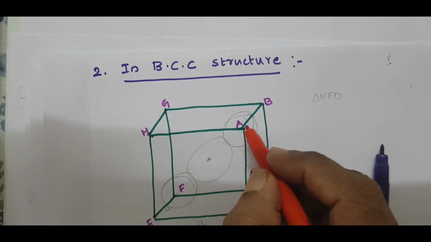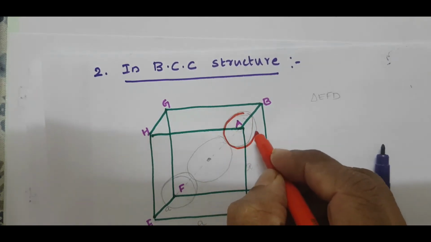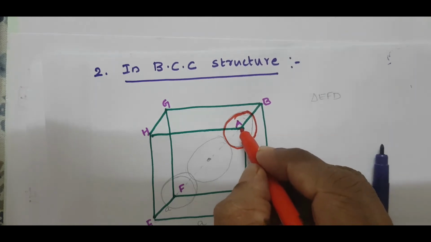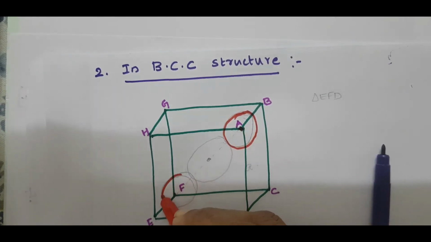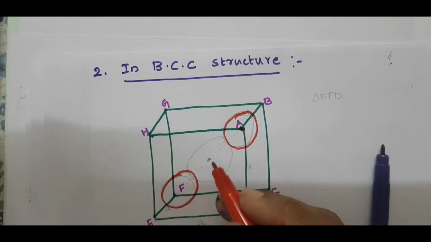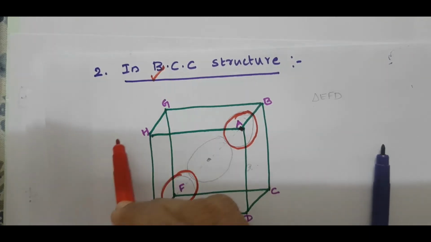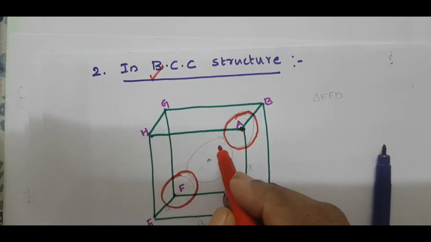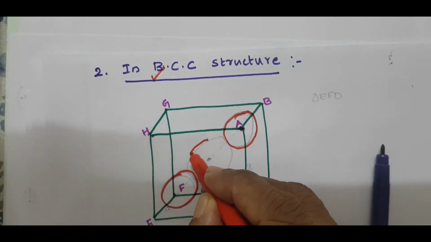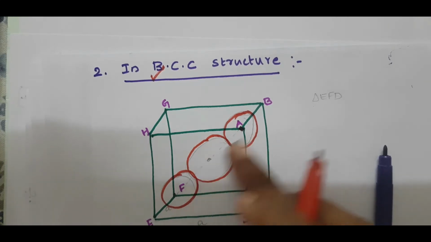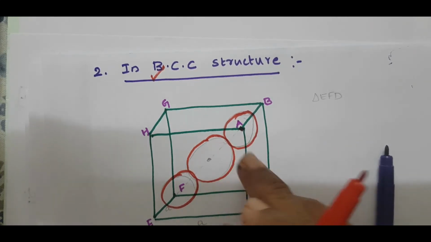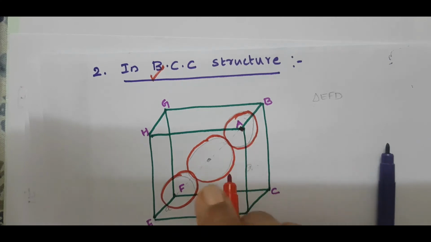Here I am taking the edges. This is one atom, that is this corner. The face diagonal of this is F. Since you are studying the body-centered cubic structure, in the center of this cube there is another atom. So these are the 3 atoms we are taking into consideration.